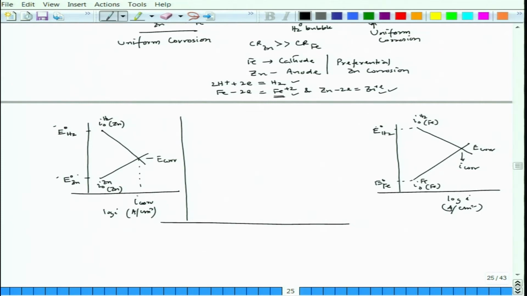And remember, we are taking 1 centimeter square area of metal in all the cases, and we know this value is minus 0.76 volt, and in this case this value is minus 0.44 volt.